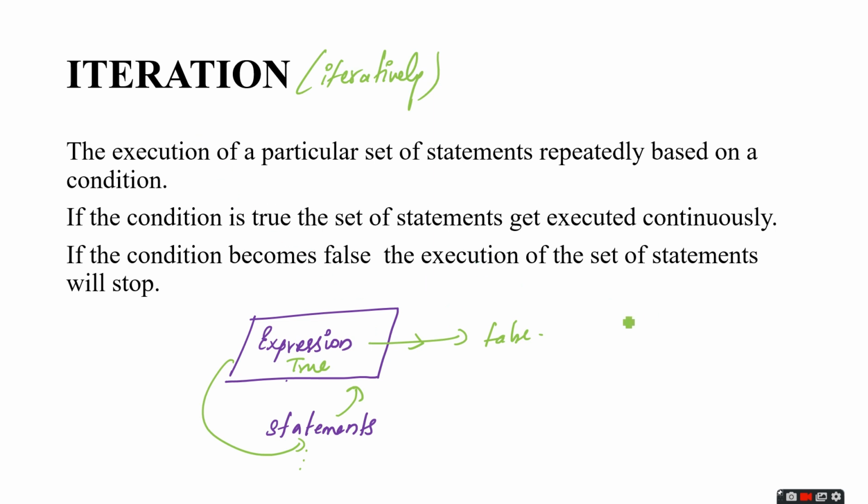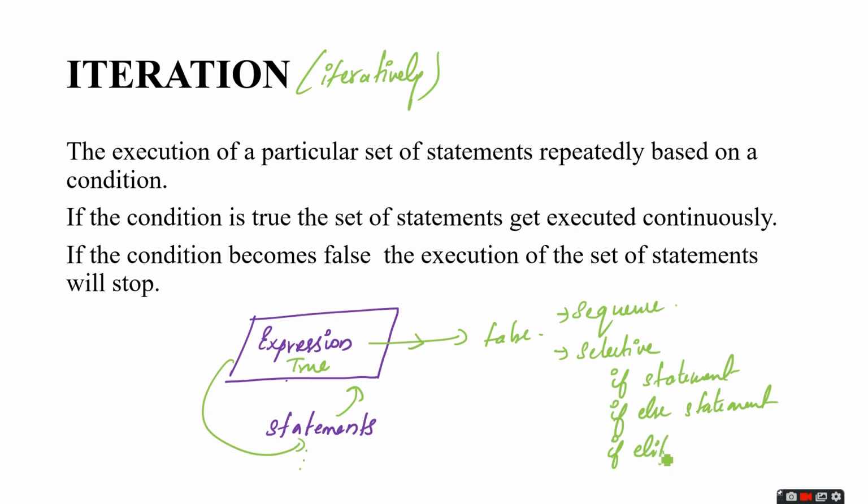The first method is sequence. That is the normal Python programs. Second one is selective. In the selective or selection method, we are using the if statement, then the if else statement, and the if elif statement.